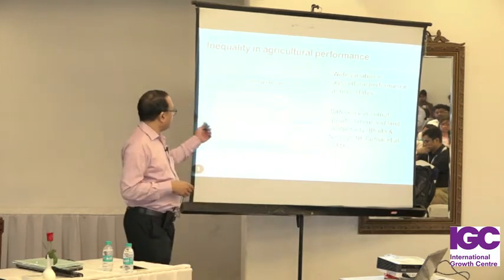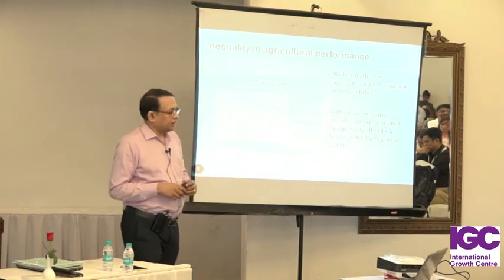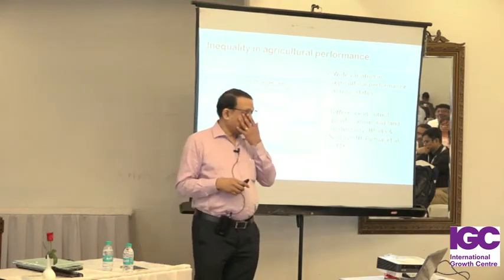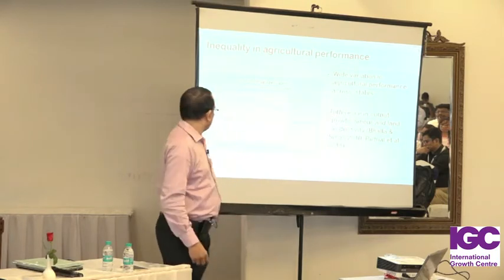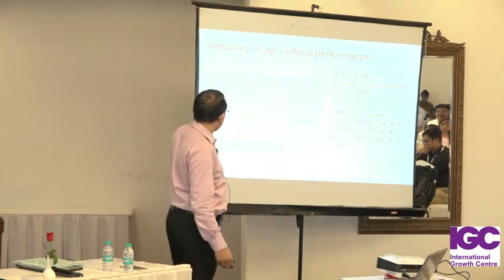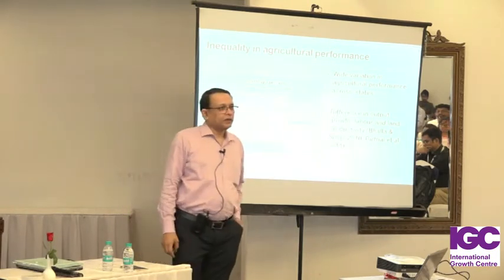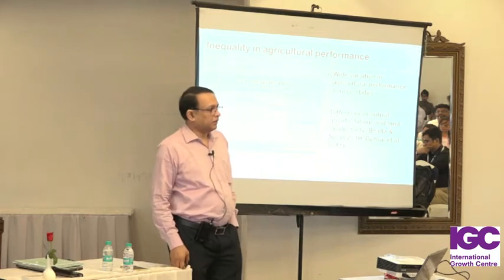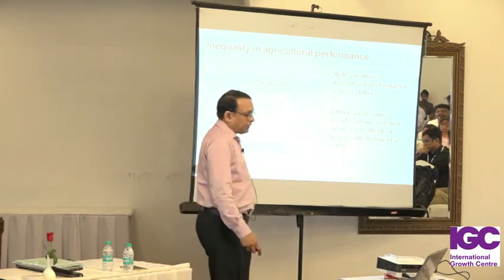What I have here is the coefficient of variation in GSDP per capita computed for each year, over a fairly long period of about 2 decades, from 1994 to 2015, okay.